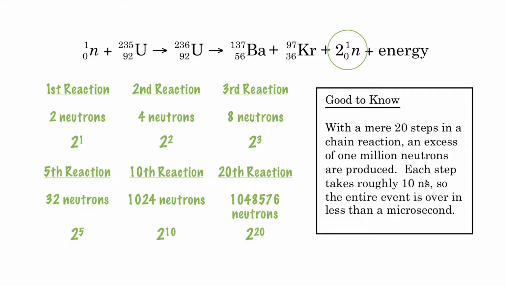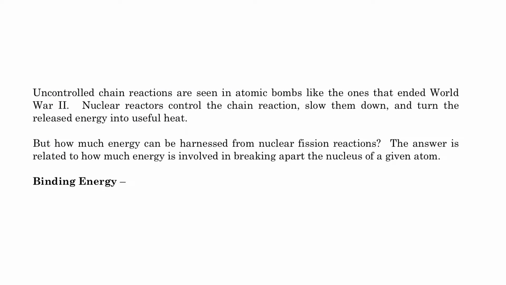If each step takes about 10 nanoseconds, getting this many neutrons takes less than a microsecond. So if you don't moderate very carefully, you can get a runaway chain reaction. And that runaway or uncontrolled chain reaction is what happens in atomic bombs.